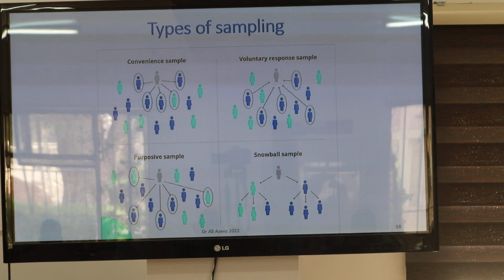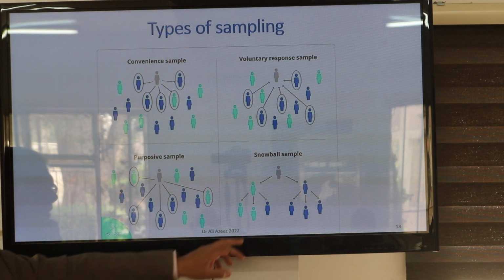I don't go to people working in respiratory or other fields. It's purposive. It's selective. It's judgmental. I believe Dr. Dia is the expert. He can review my survey. So I'm looking for an expert to do my content or face validity. So it's purposefully selective. It's not random, it's not convenience, it's purposive.